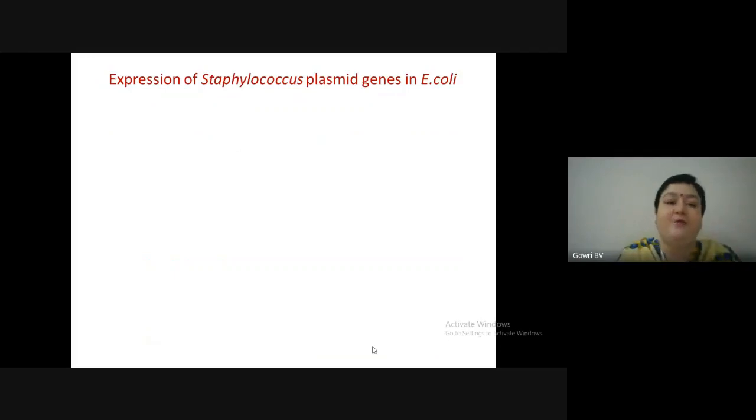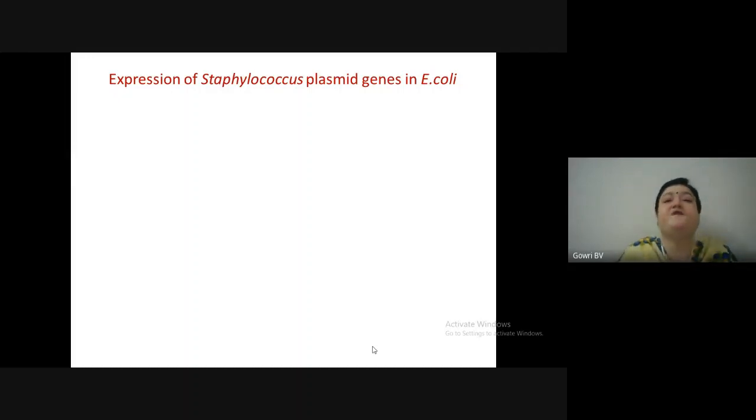So initially what was carried out was cloning a eukaryotic foreign gene inside a prokaryotic vector system. And later on, it was also found that a prokaryotic foreign DNA can be isolated and can be cloned in a prokaryotic vector molecule. So two prokaryotes can be joined together.